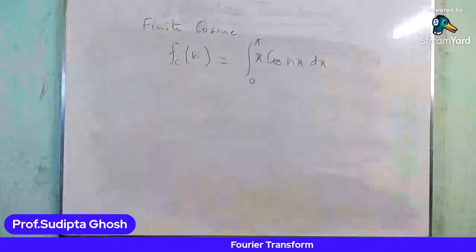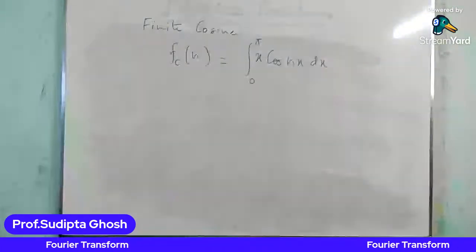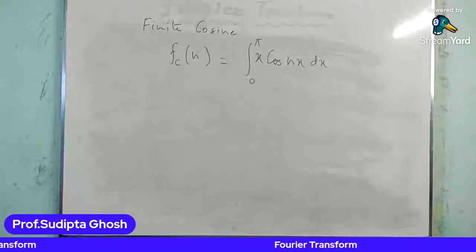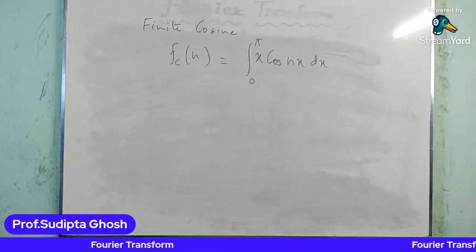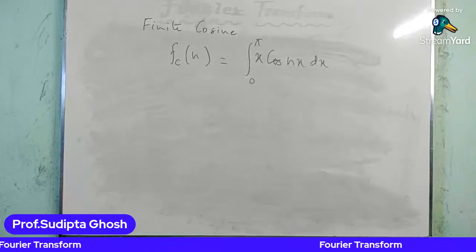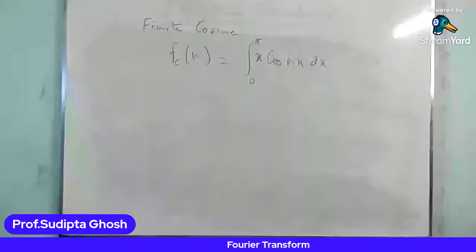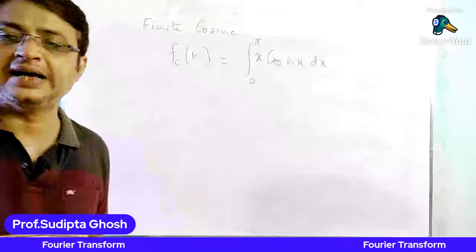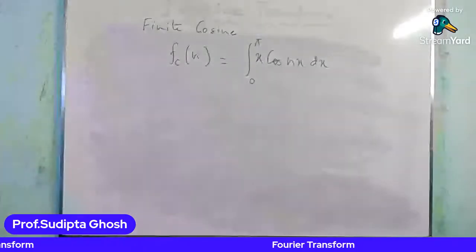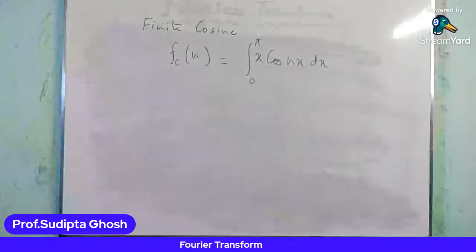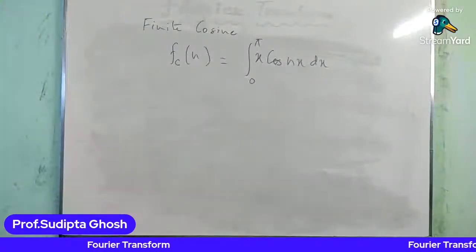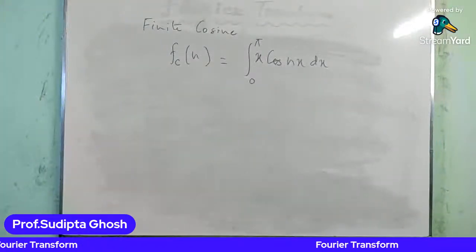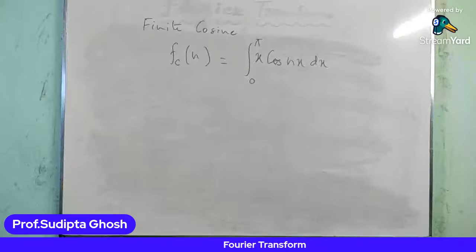Here we are going to find the finite cosine transformation of x. So we have to write Fc equals integral 0 to pi, because the function is defined within 0 to pi. So the limit of integration is from 0 to pi, and then x, that is the function itself, capital F of x, and then cos nx dx.